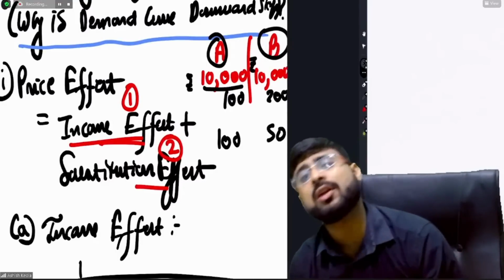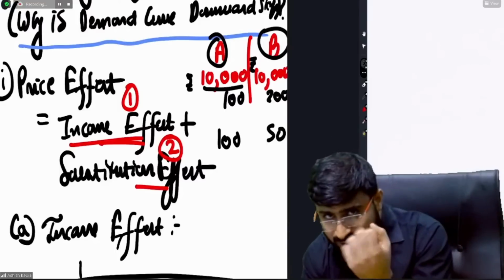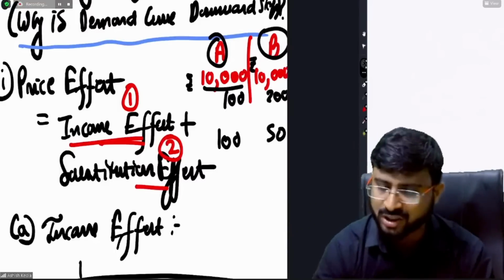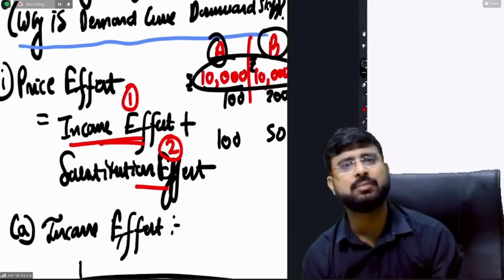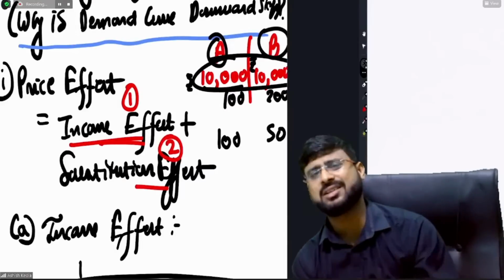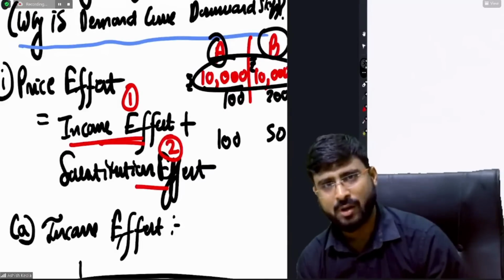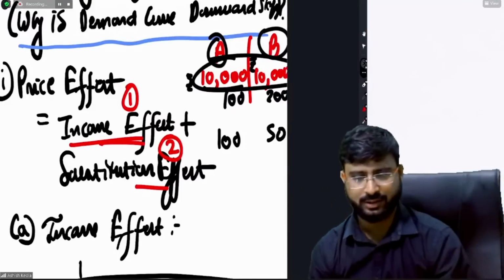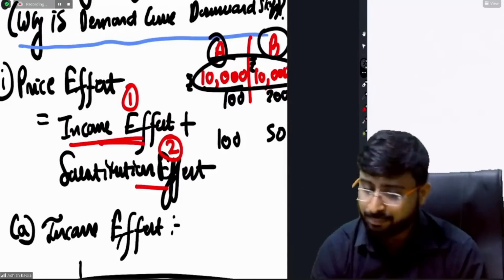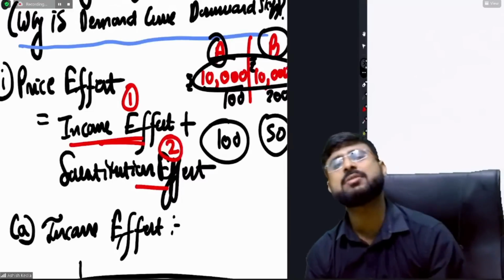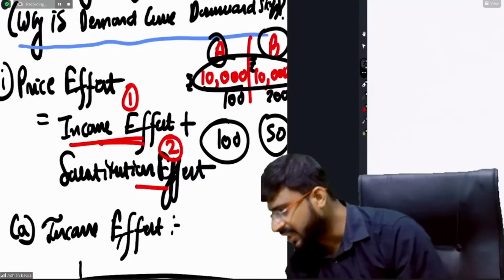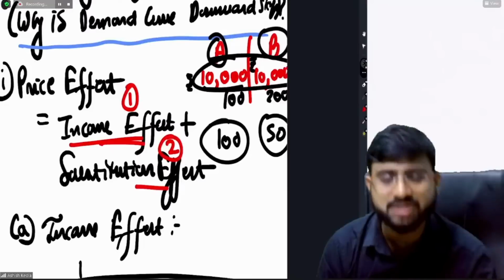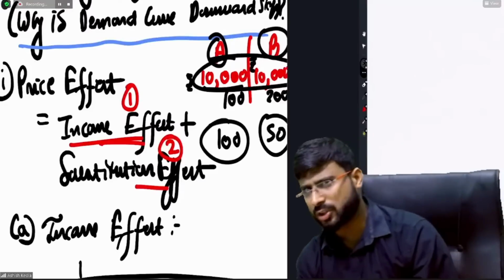My dear friends, this is called real income. Real income is nothing but the purchasing power. Both have the same nominal income, which is nothing but the cash in hand that you are getting. But in reality, Mr. A has a higher real income than Mr. B. Is it or is it not?